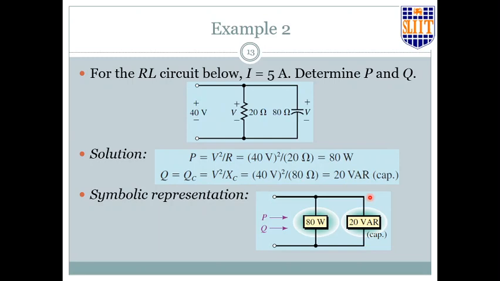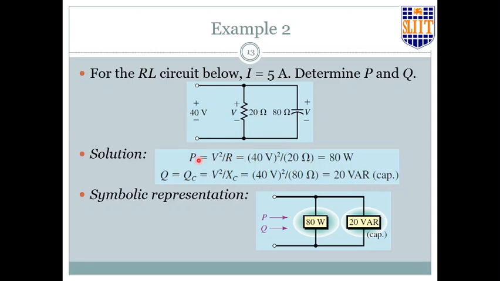Now another example where you have a parallel circuit, still it's the same. Where you have this resistor, again real power, we can calculate using V squared over R, because V is known, right?